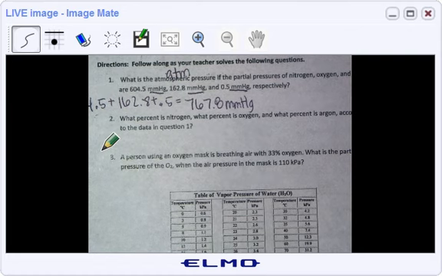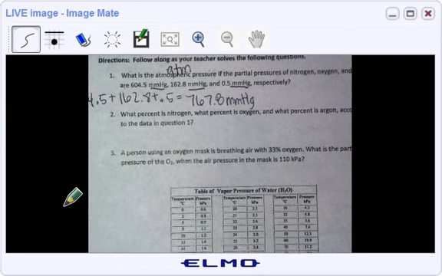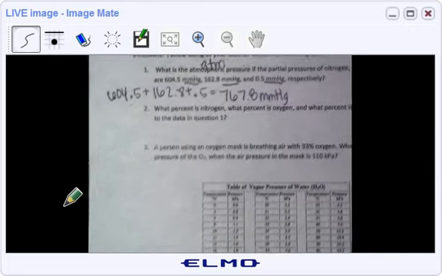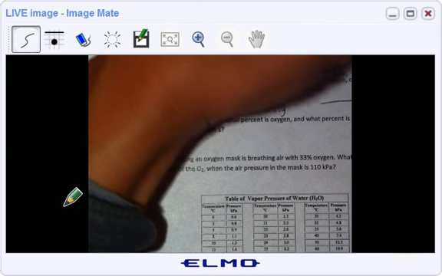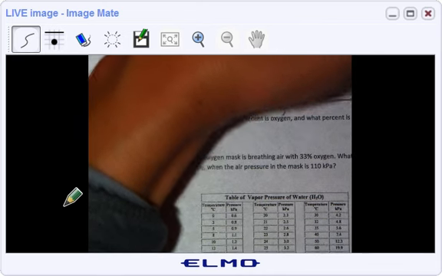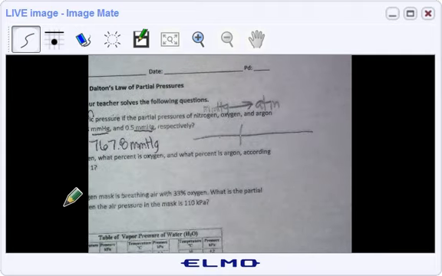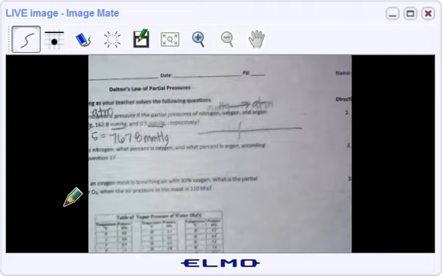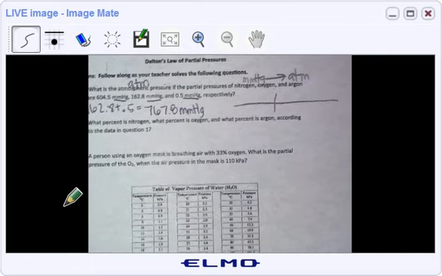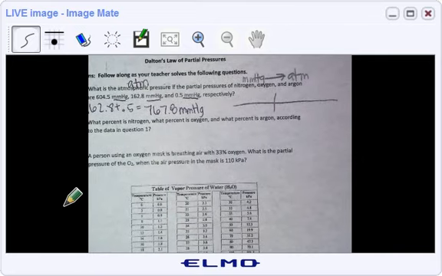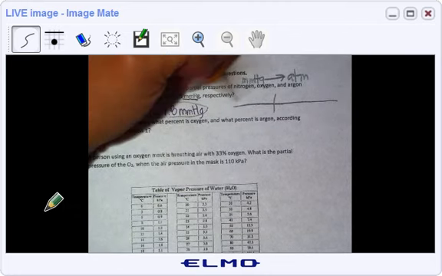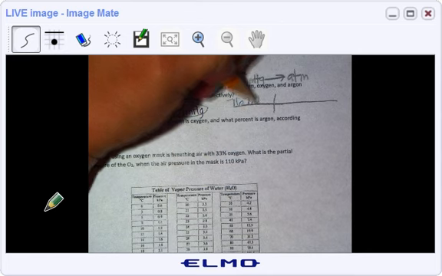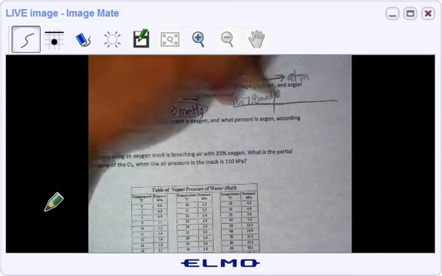You have to go ahead and do the T-chart. What number was I given? That's the number I just added, in mmHg.